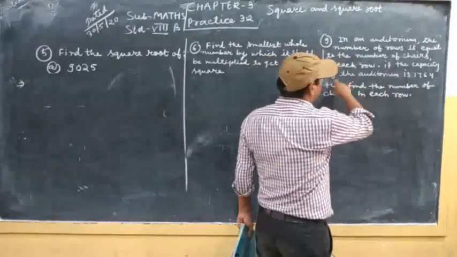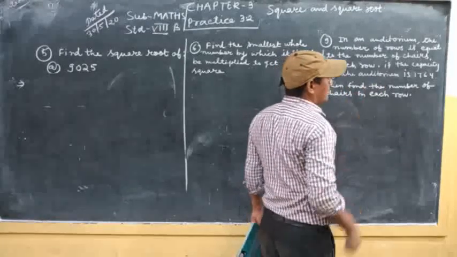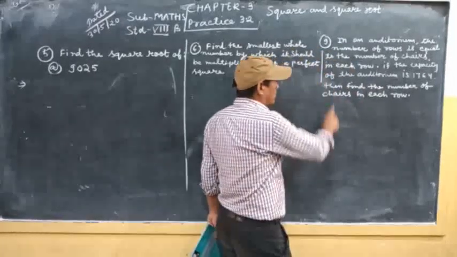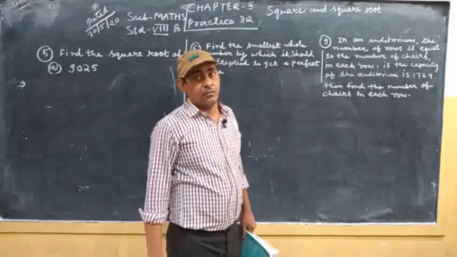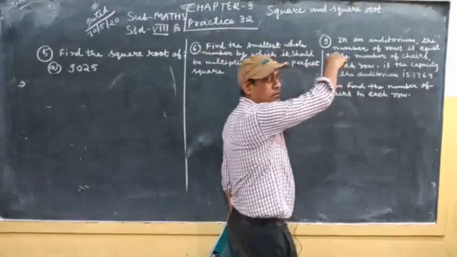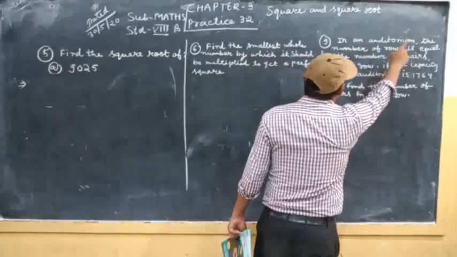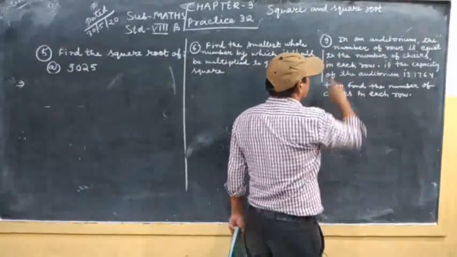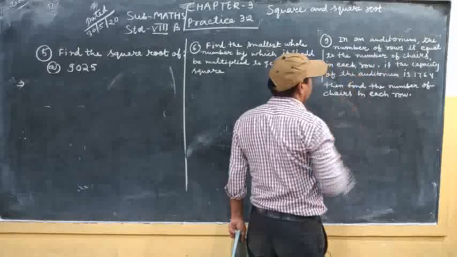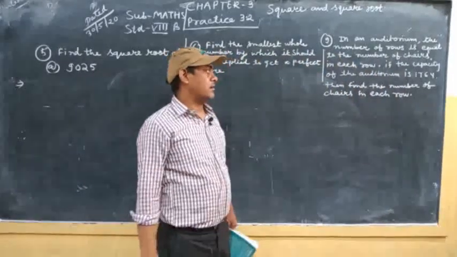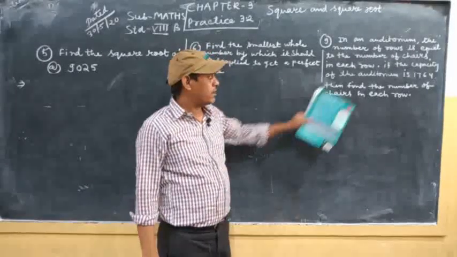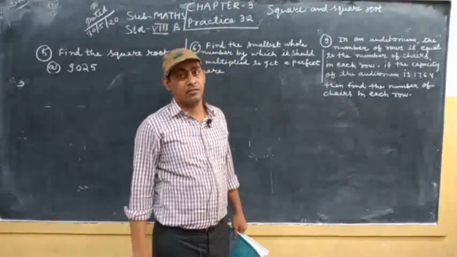If the capacity of the auditorium is 1764, then find the number of chairs in each row.